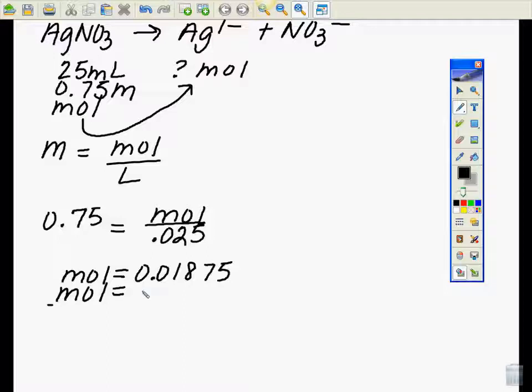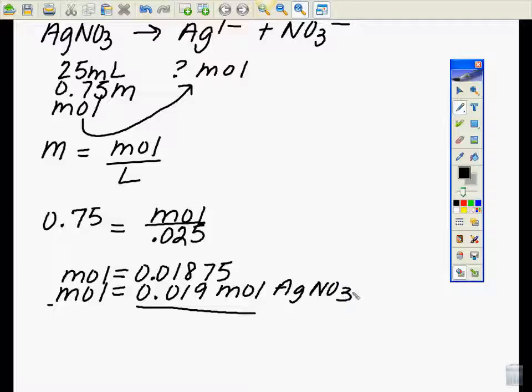The sig fig answer would be 0.019 moles, because they're both 2 sig figs, so our answer can only have 2 sig figs. All right, so that's the number of moles of, in this case, AgNO3.